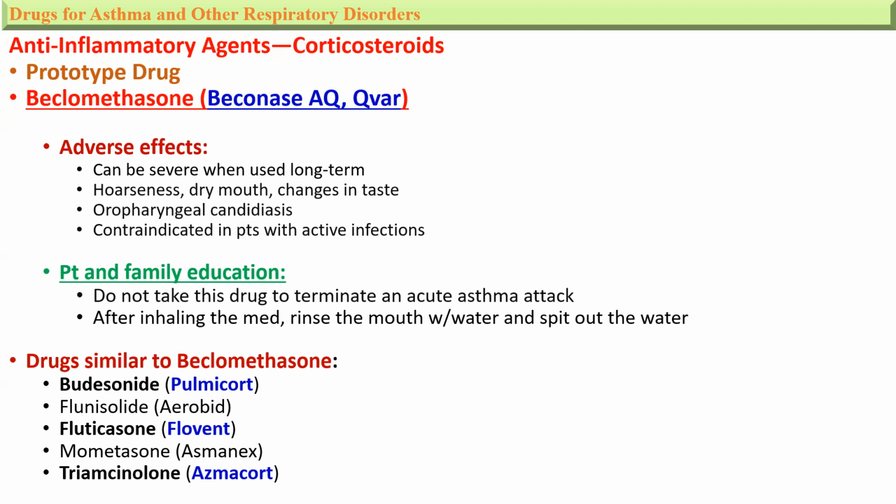As with all corticosteroids, the anti-inflammatory features of beclomethasone can mask signs of infection. The steroids mask signs of infection, so the drug is contraindicated if an active infection is present.